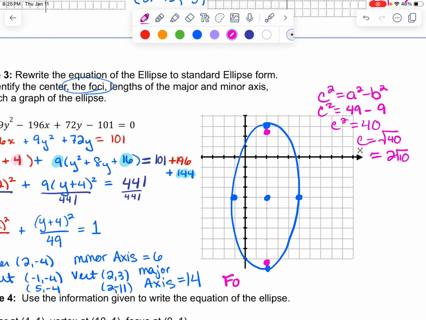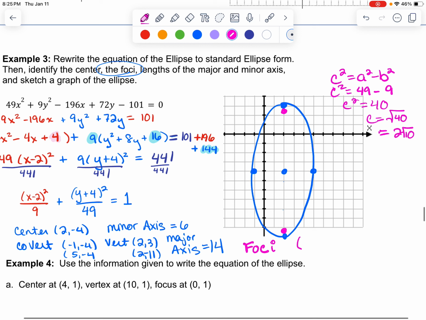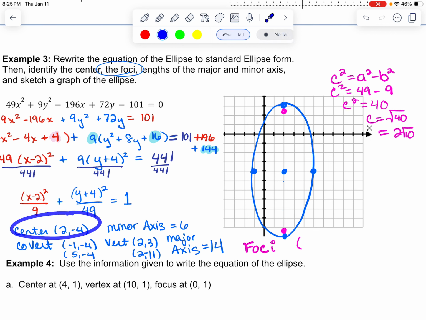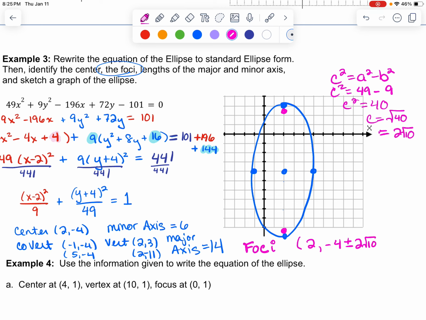So for my foci, I am adding and subtracting to the y value of the center. My x value is the same as the center. Here's my center over here, 2, -4. So 2, -4, plus or minus 2 root 10.